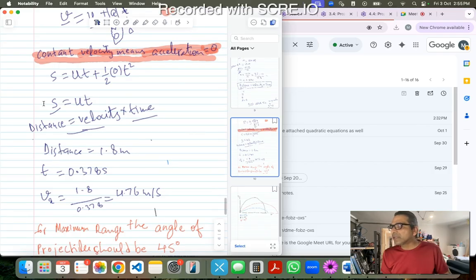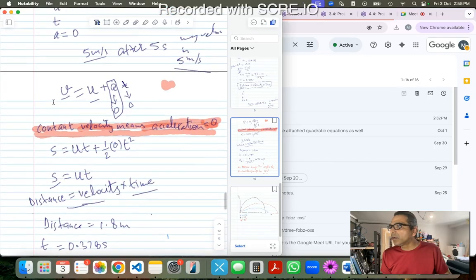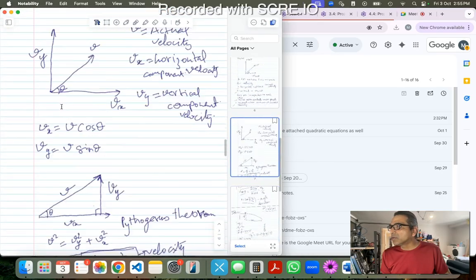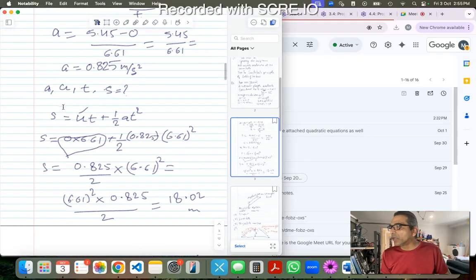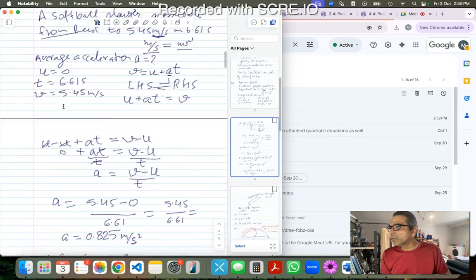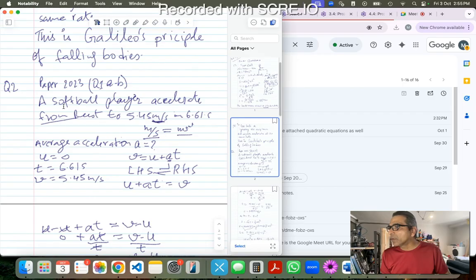So, as I told you, if acceleration is uniform, let's go. This is the projectile motion that we did, not in detail, but somehow. Okay. Softball player accelerate.